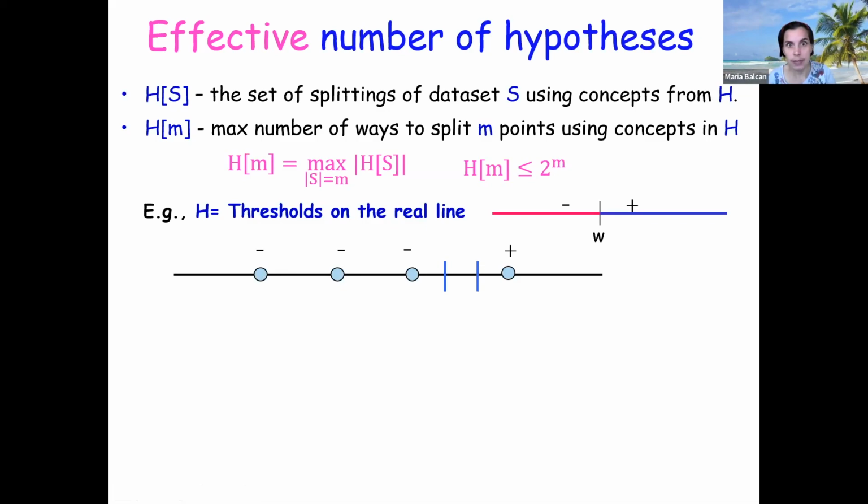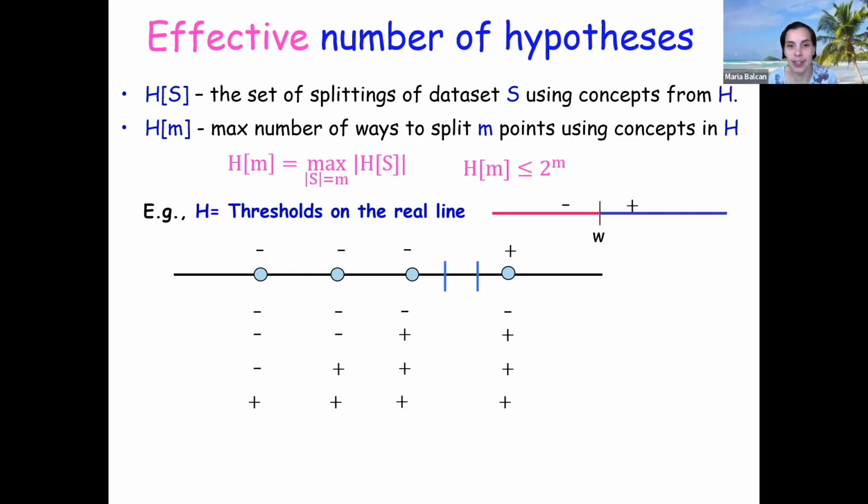So in the end, on any given set of points, I don't have too many labelings with thresholds. And actually, how many labelings can we achieve with thresholds on these 4 points? Maybe somebody can volunteer. 5, precisely 5, perfect.